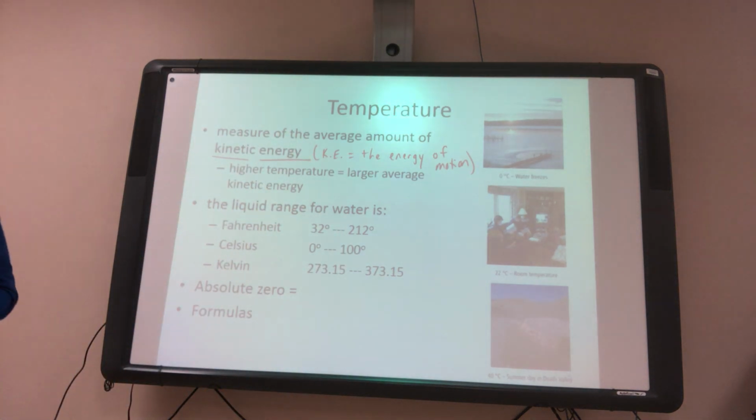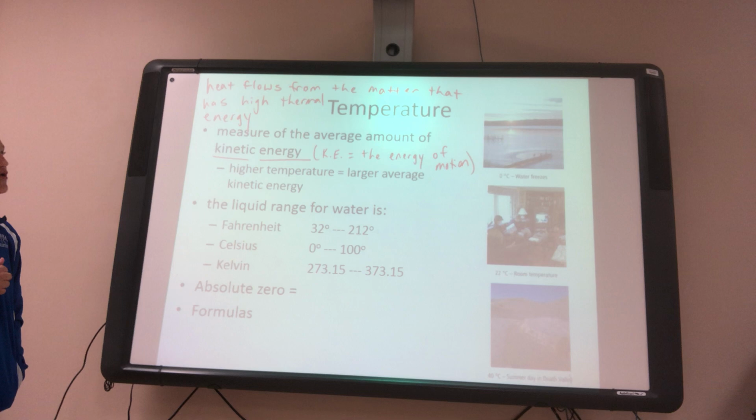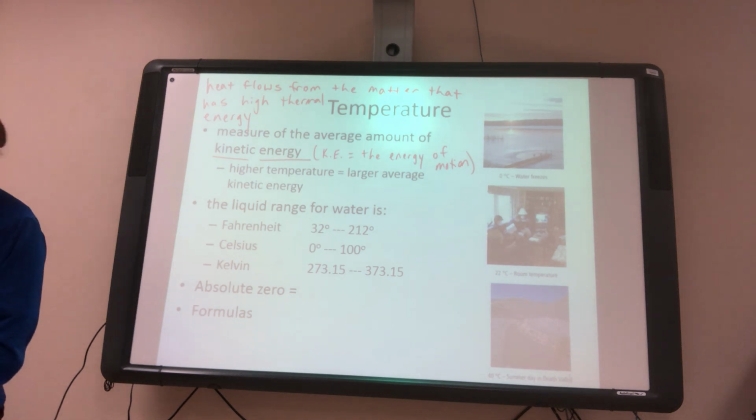So one of the things we want to think about is, how does energy flow? Heat flows from the matter that has high thermal energy, so you can think of it as flowing from whatever has the highest temperature, into matter that has low thermal energy.